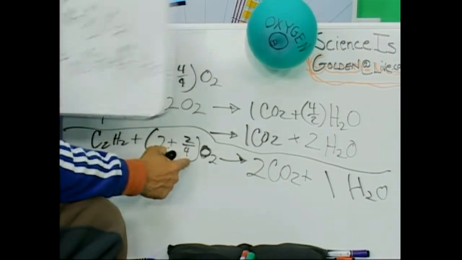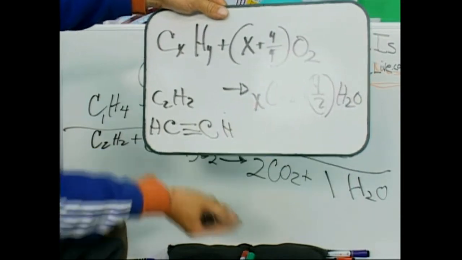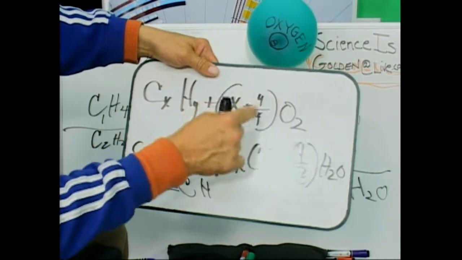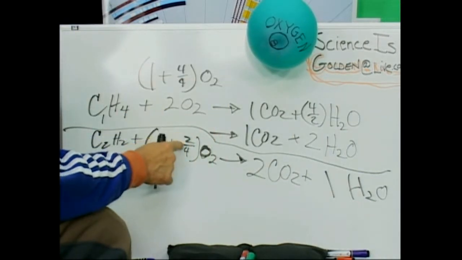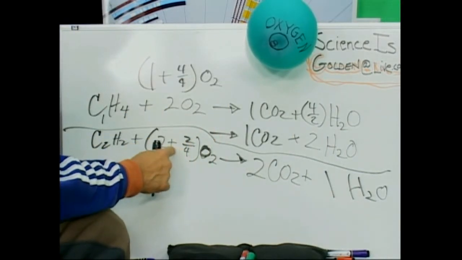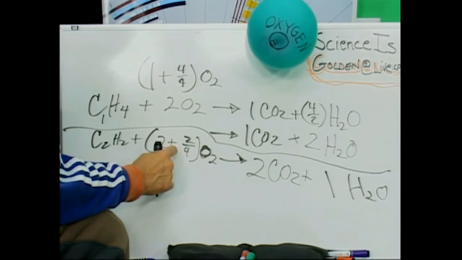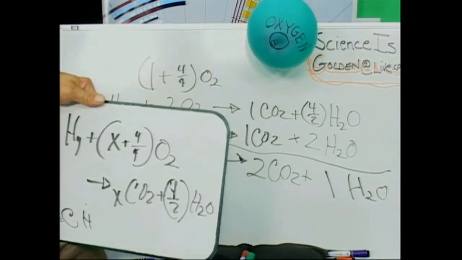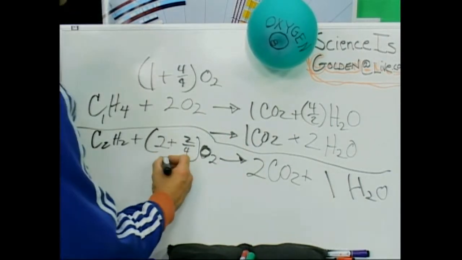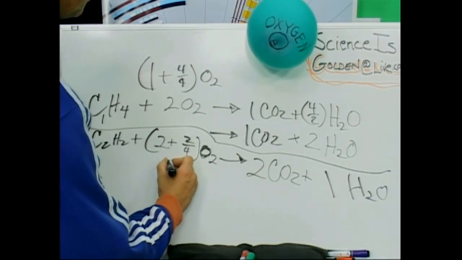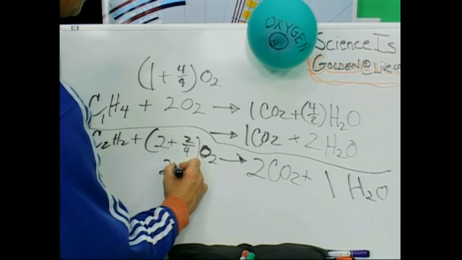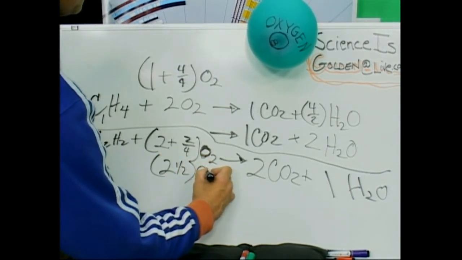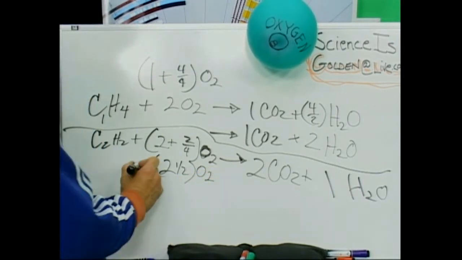I don't know if we did this right though. For the y on the top part up here should have been 2, so 2 over 4 was a half. That's what we did, a half. So 2 plus a half is 2 and a half O2s. You're going to have to double all this. See, this is about as complicated as it gets.